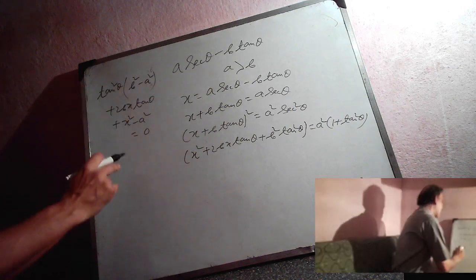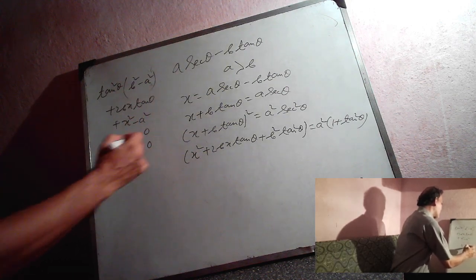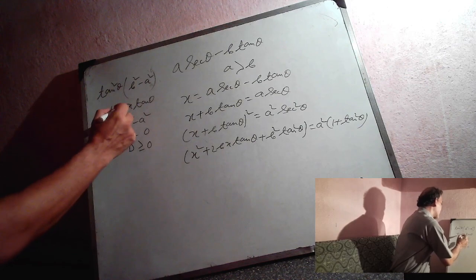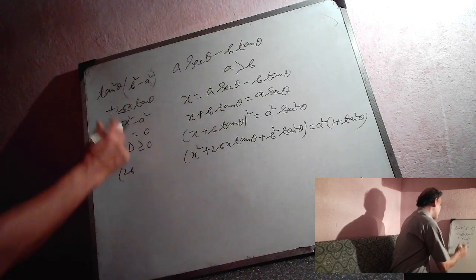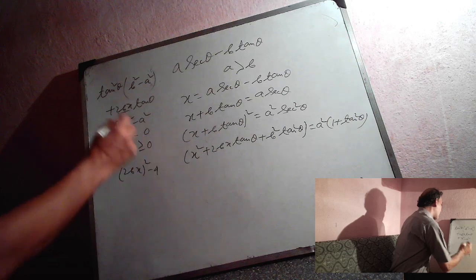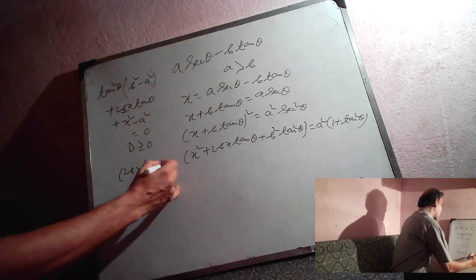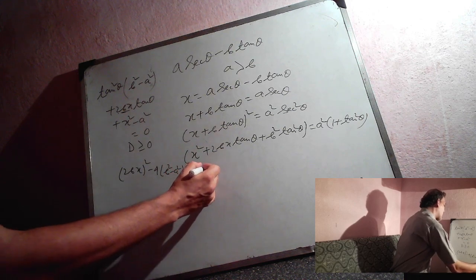Tan theta will be real if the discriminant is more than or equal to 0. What will be its discriminant? The coefficient of tan theta is 2bx. So D is b square minus 4ac, where b means 2bx, a means b square minus a square, and c means x square minus a square.